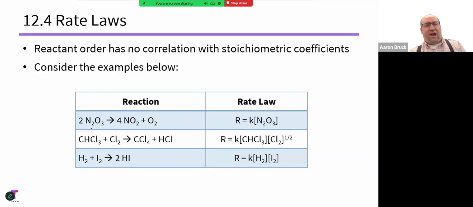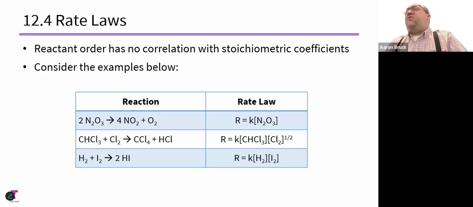And here we have a reaction between trichloromethane and chlorine. And we see that it's first order in the trichloromethane and 1/2 order in chlorine. Now, just a word about that. We're not going to get into half and fractional orders in this class. That's a higher level.